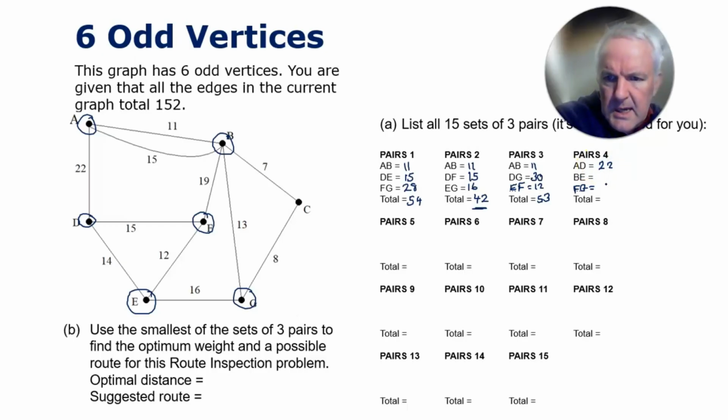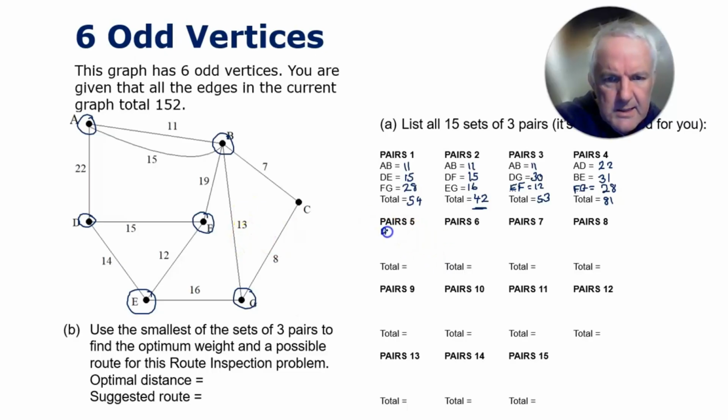B to E, now that's up here, all the way down here now, 15, 31 seems to be the best. And F to G, I've already done F to G. Now, after a while, you start realizing some of these are repeating. So F to G was 28. I've either got it wrong there, and now I've got it wrong again, or that's as good as it gets. 81 is the total.